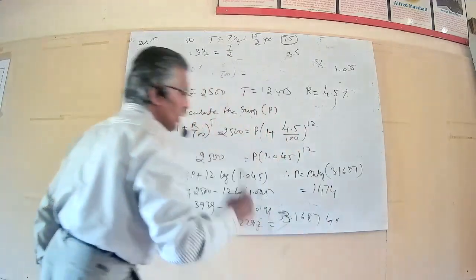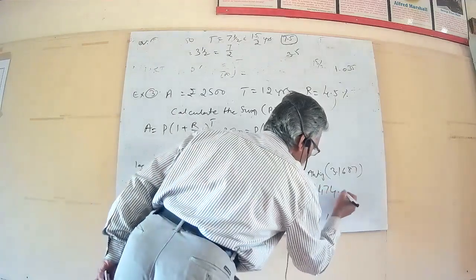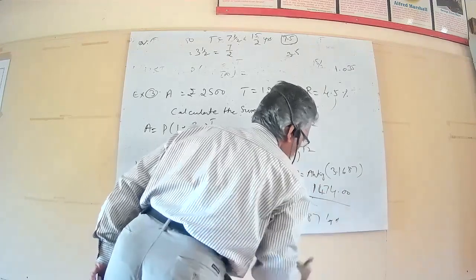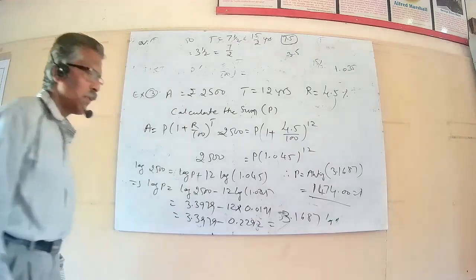Here 3 is there, so 3 plus 1 is 4, so after 4 digits you have to place the decimal point from the left side. So this is 1474, this equals P, the sum asked.